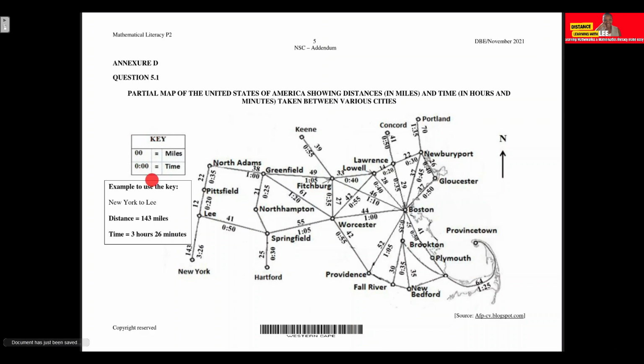We're given a key here, where when it's just 2 digits, it's miles, and when you've got a colon between your numbers, that tells us that we are dealing with time.